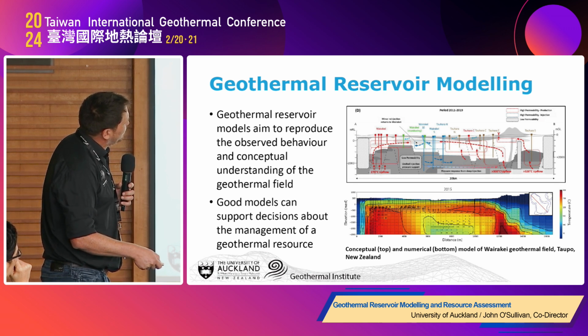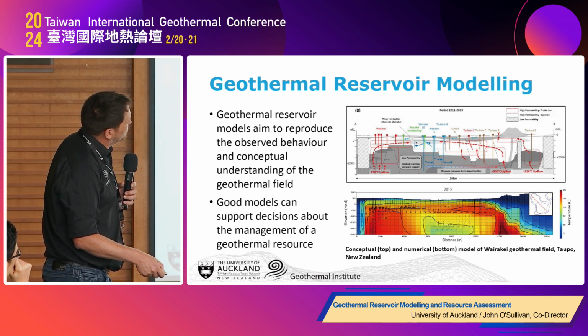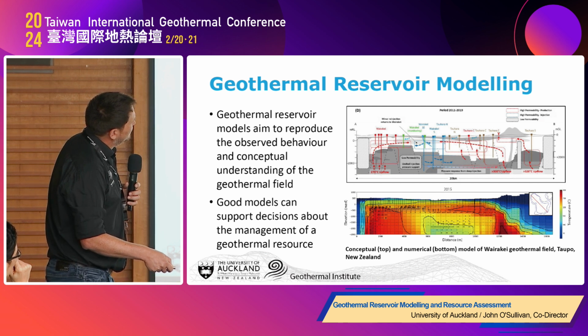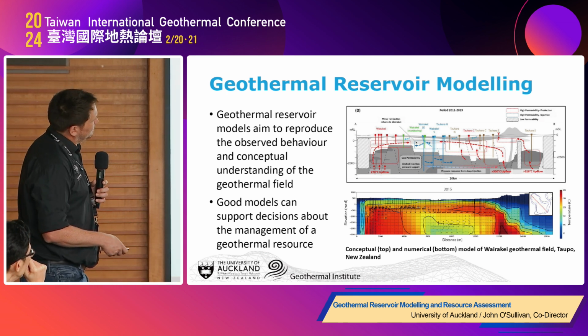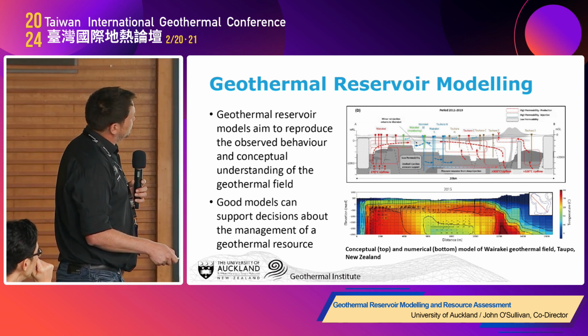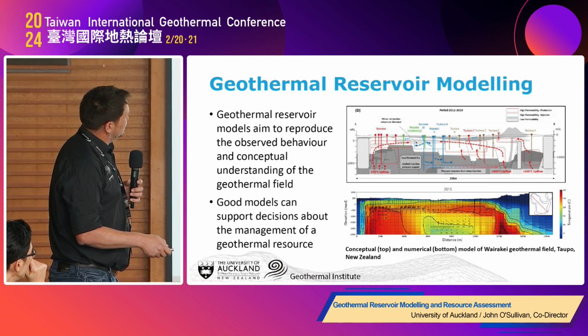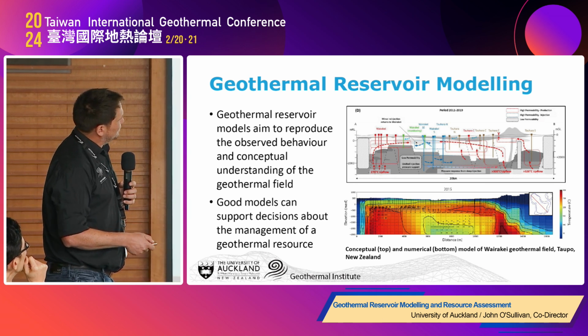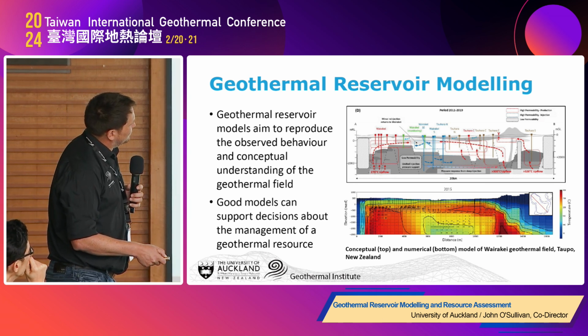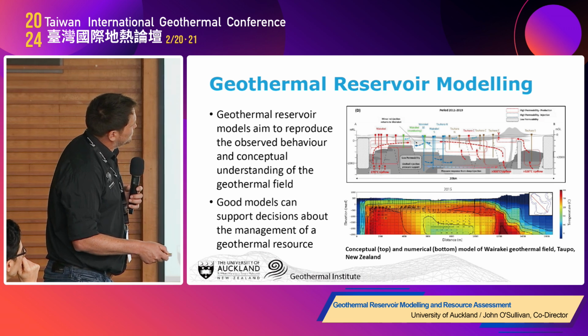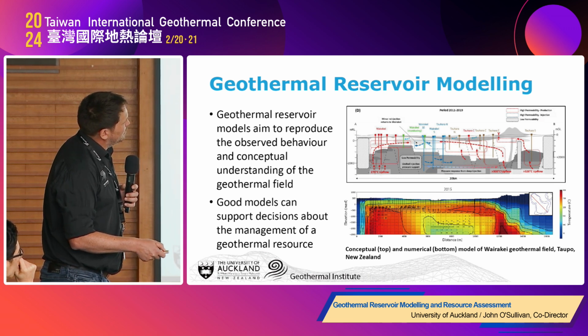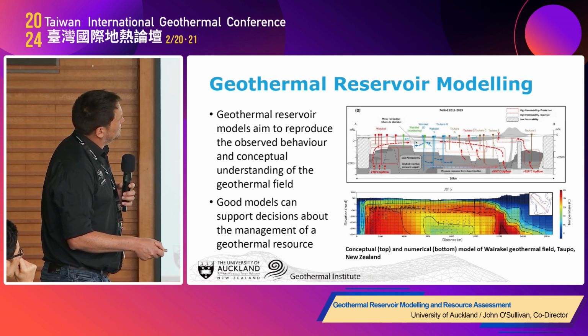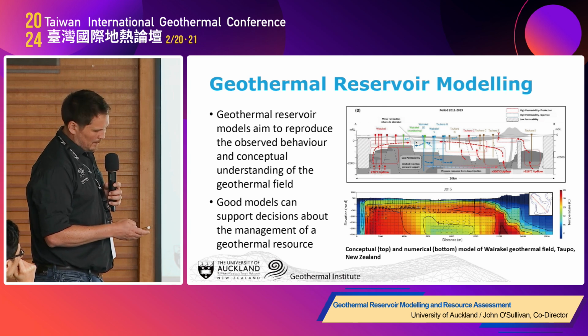There are actually two upflows, one under Waiariki and one under Tauhara, and they flow together into the middle, underneath where the Waikato River is. This is a map showing where the cross section is, through the geothermal system, sort of northwest.